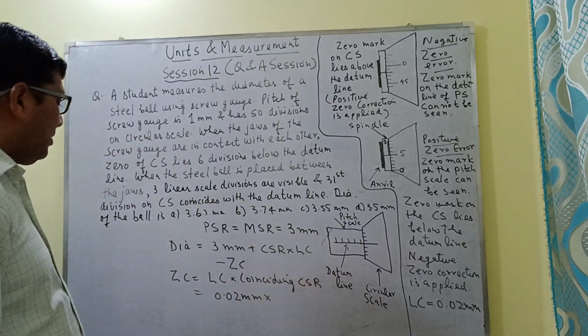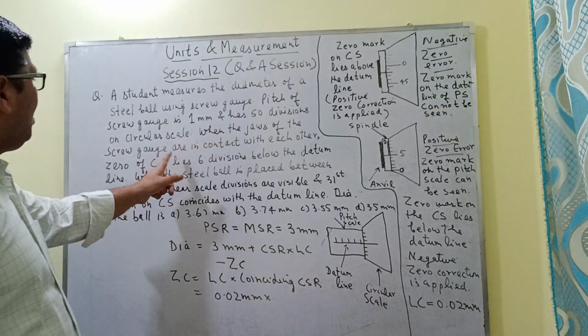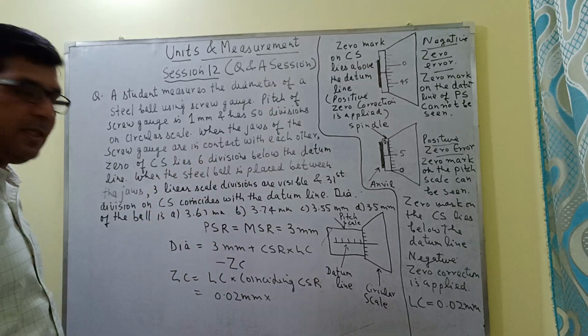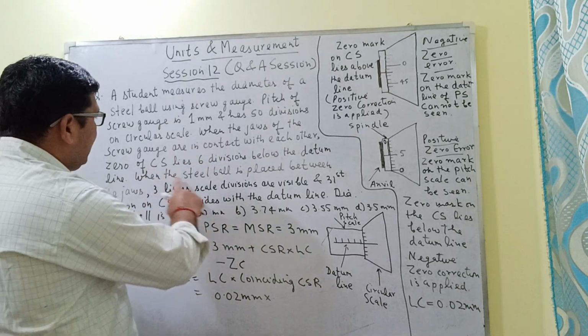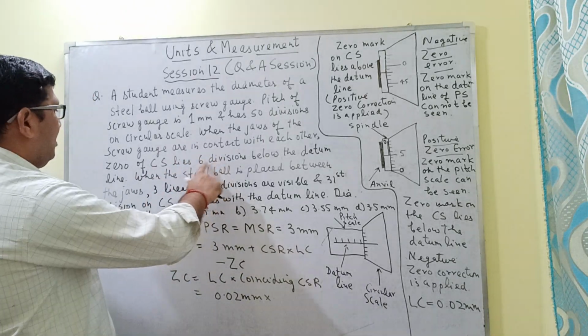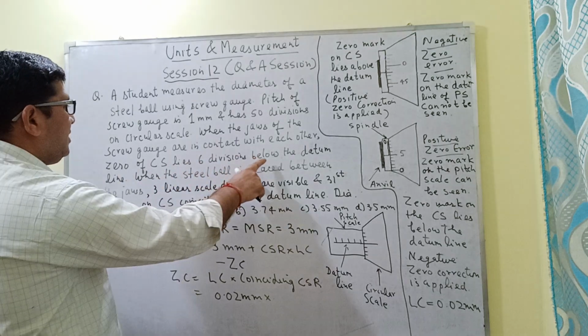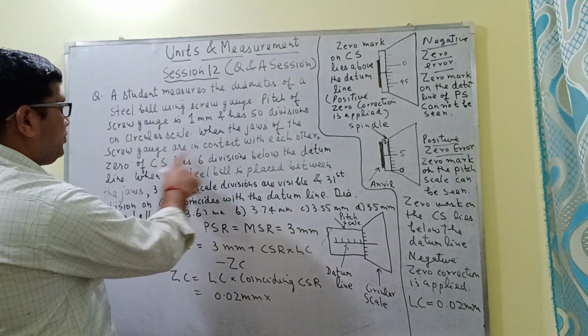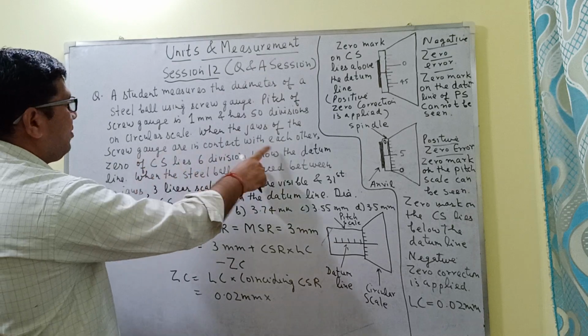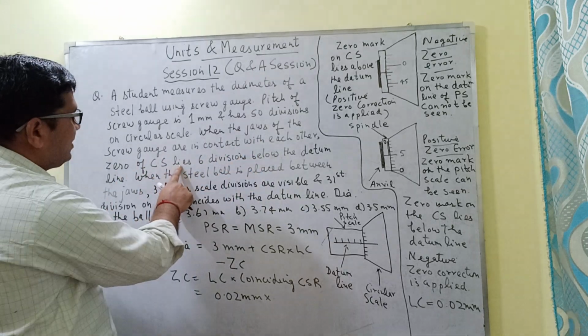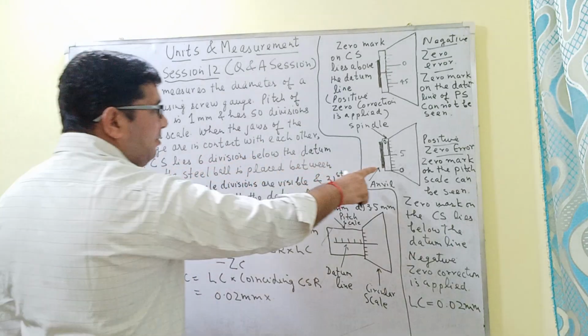When the jaws of the screw gauge are brought in contact with each other, the zero of the circular scale lies 6 divisions below the datum line.